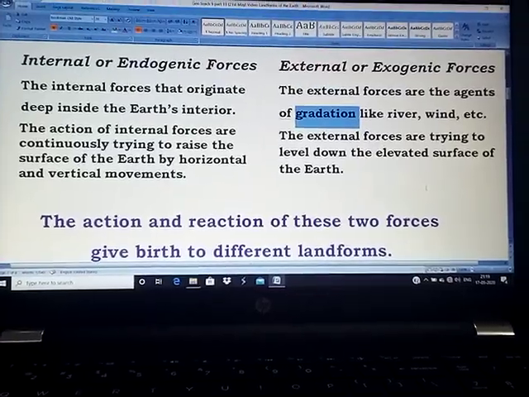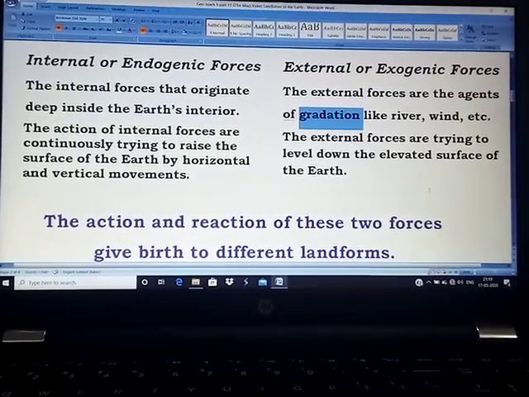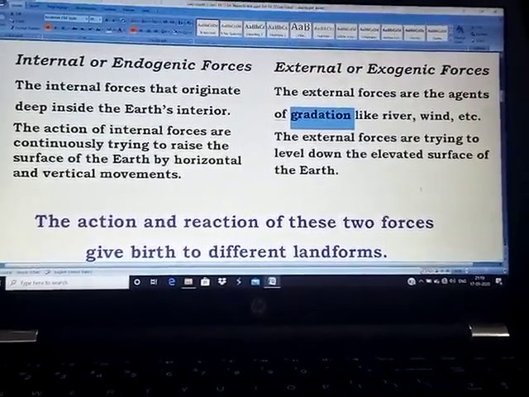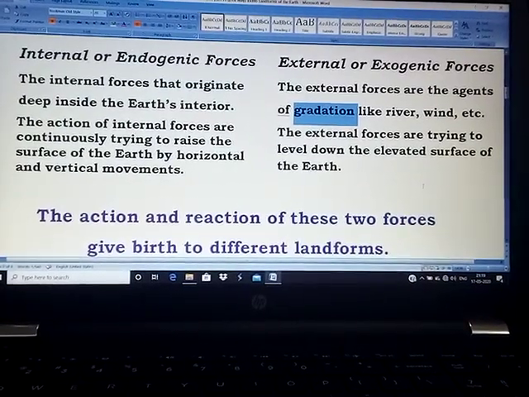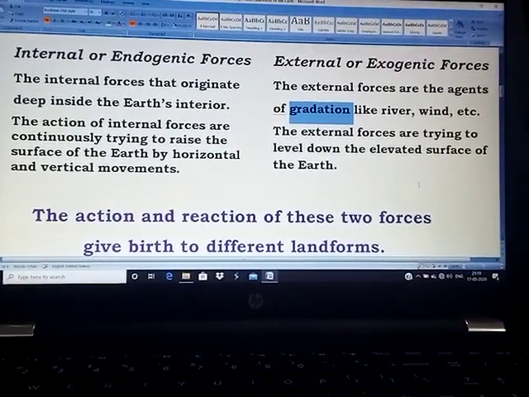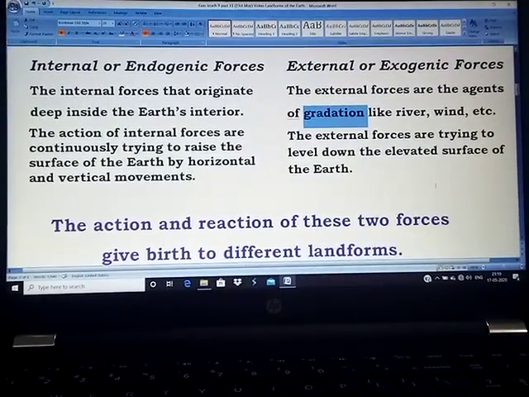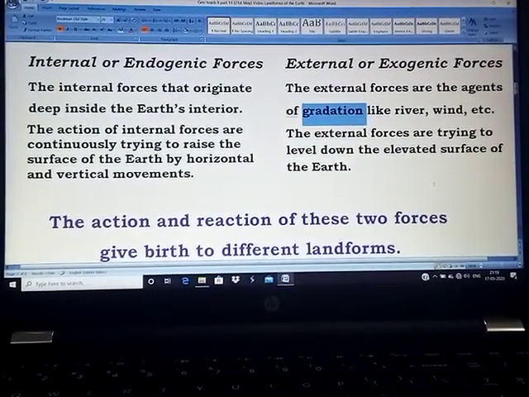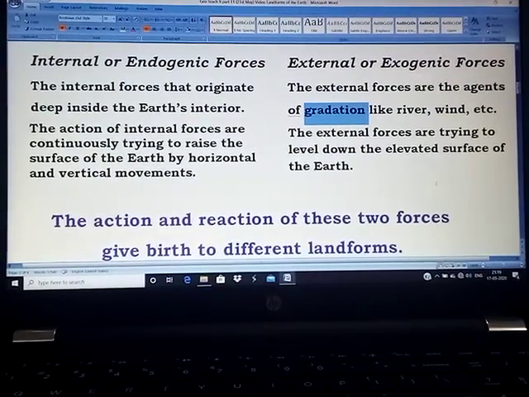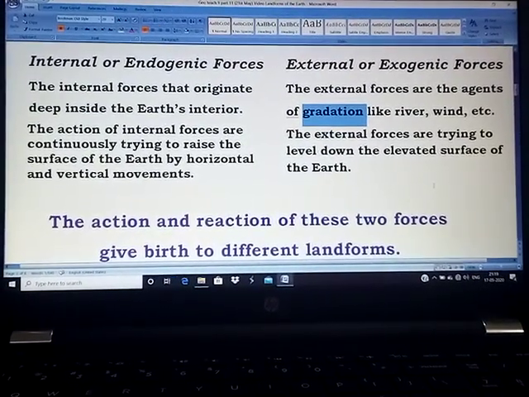If it is raising, then it is called aggradation. And if it is going down, getting depressed, it is called degradation. So aggradation and degradation in common are called gradations. So external forces are the agents of gradation like river and wind.